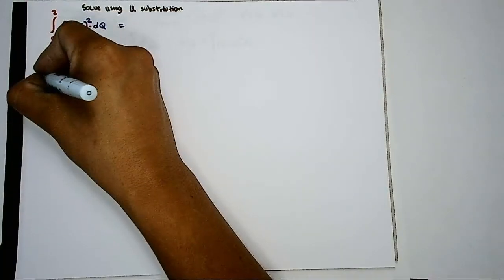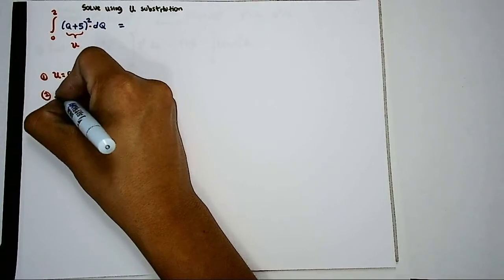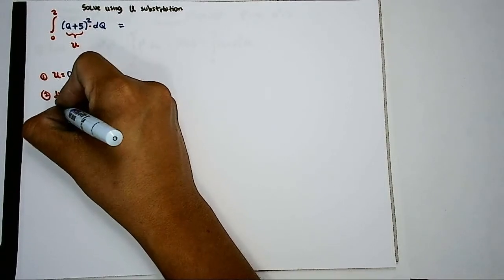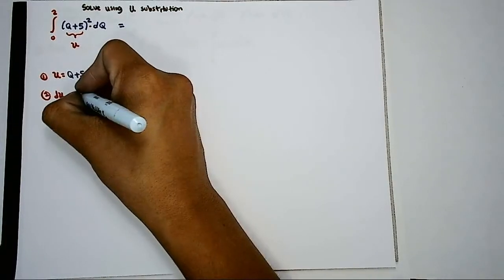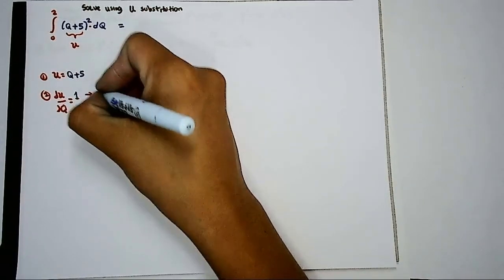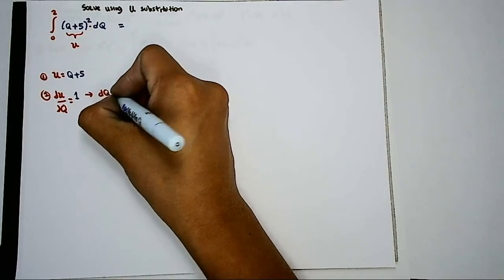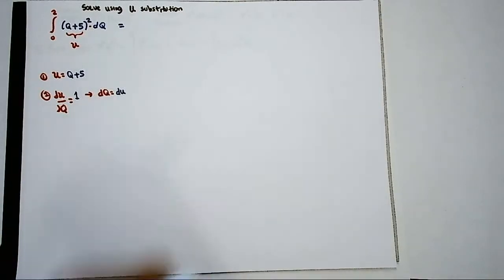This means that the derivative of U with respect to Q is simply equal to 1. In other words, dQ is equal to dU.